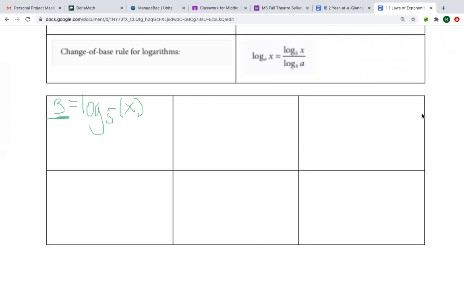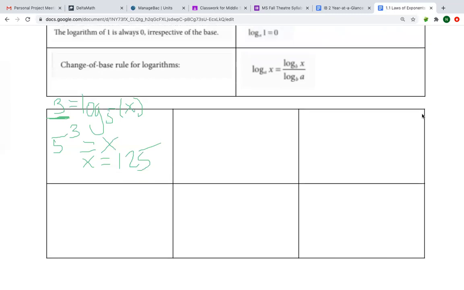So the base, log base 5, becomes the base of the exponent. So then it would be 5 to the 3rd power is equal to x. So then x is equal to 125. Pretty straightforward, nothing too crazy.